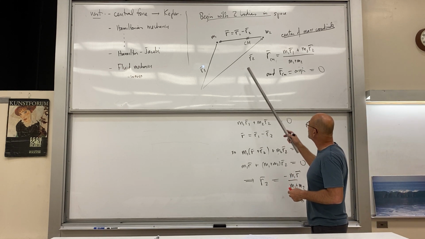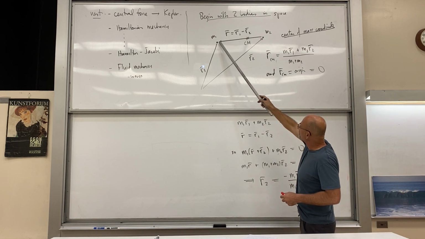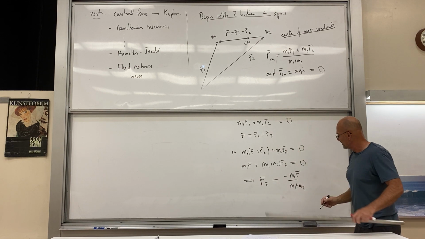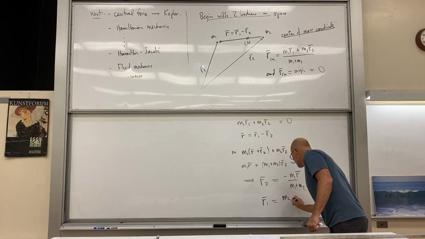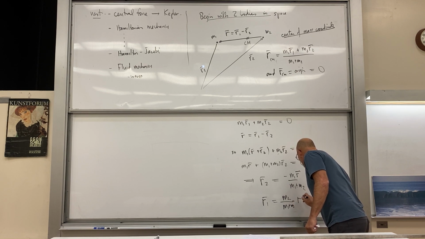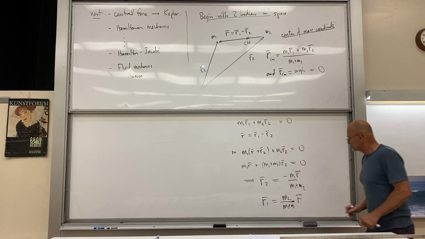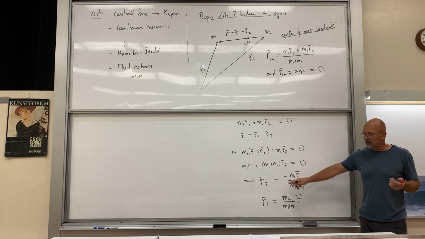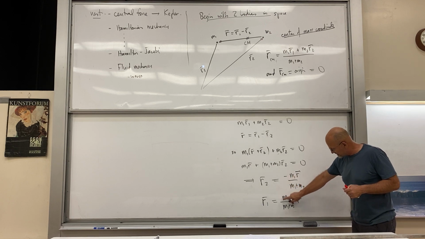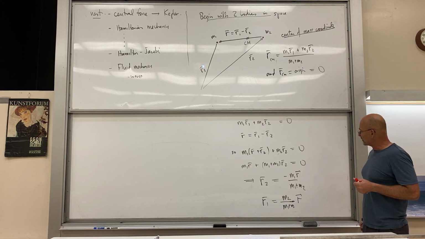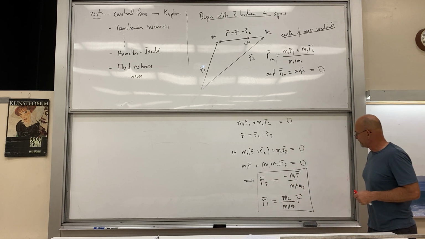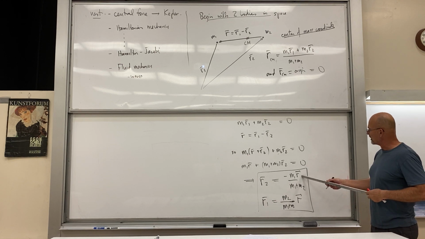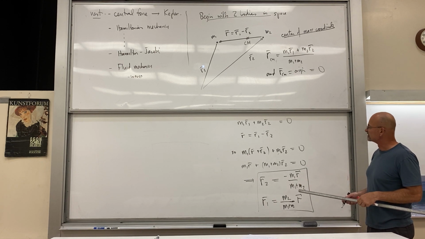So you can see r sub 2 is pointing opposite r, which is pointing to the left, so pointing to the right as it should. And we can then immediately construct r sub 1, which is just going to be m2 over m1 plus m2 times r, because we can just substitute 1s and 2s. Notice that this one has the opposite sign of the other. So those are our results. So if we know r, then we know r1 and r2.